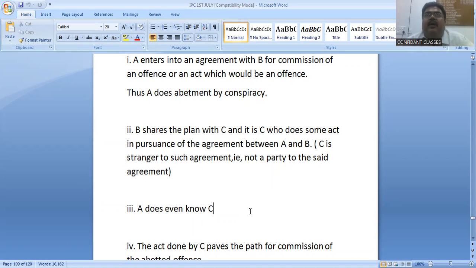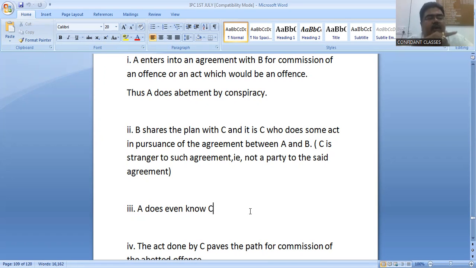Remember, in this abetment, wherever there is instigation to do an offense, there are actually 2 types of abetments done by the abettor. Number 1, he abets another person to do an act. Number 2, he has the intention of achieving a result from that act, which in this case is death.